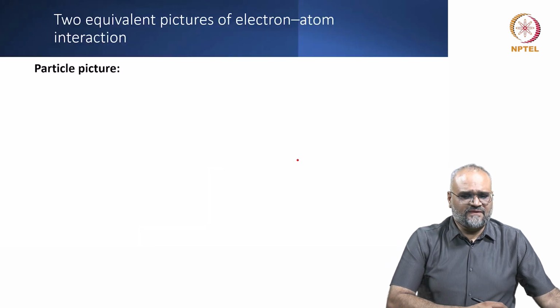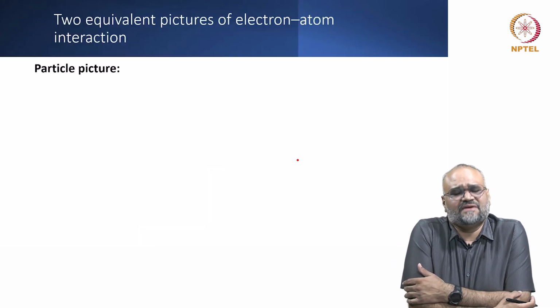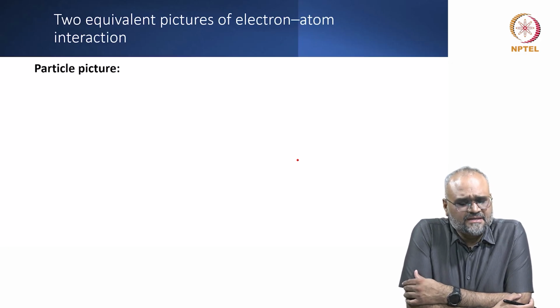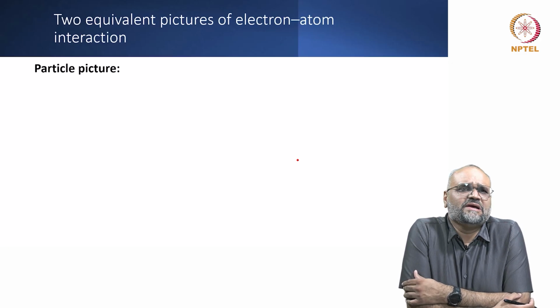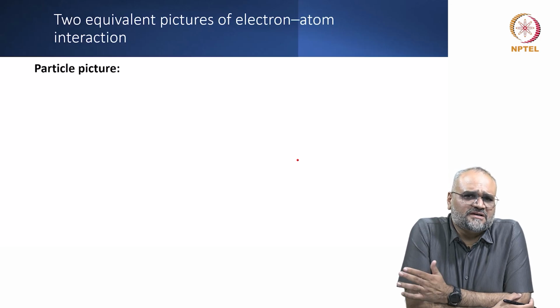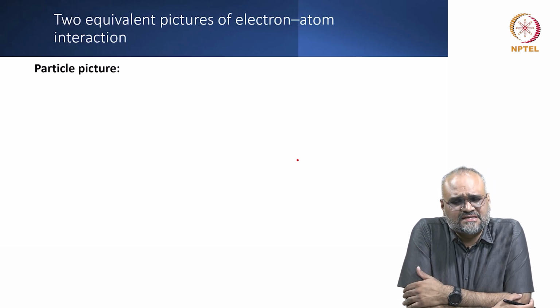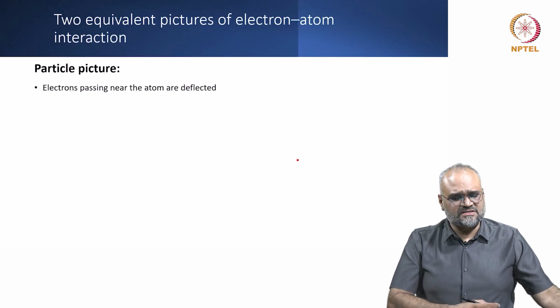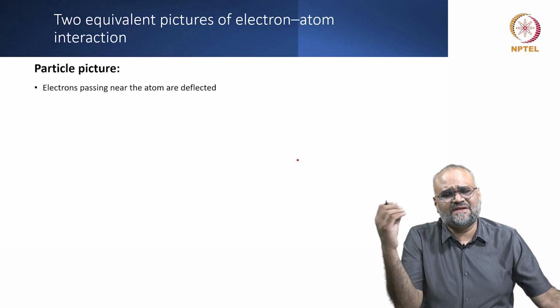So if I look at two equivalent pictures of an electron-atom interaction, we've been looking at the particle picture of interaction, based on which we saw the Rutherford scattering and the scattering cross sections. The electrons passing near the atom are deflected.